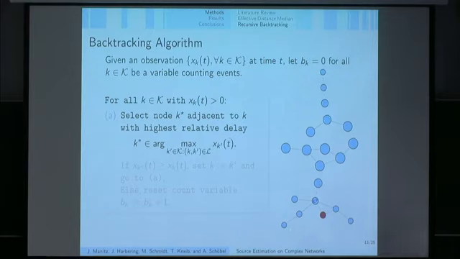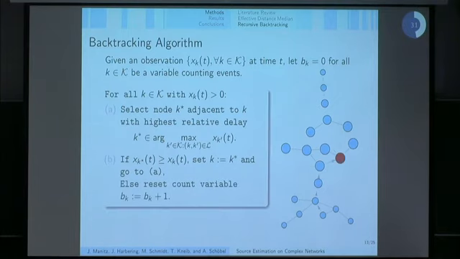So we consider this one, compare that with the delay over here, and decide, okay, that one is larger, so we jump there. Then we do that again, look for the one which has a larger relative delay, jump there. And so on, until we end up at a node where we realize that its relative delay is larger than any other adjacent node, so we consider that one to be the result of this iteration and increase the counting variable for node number 4 in that case.